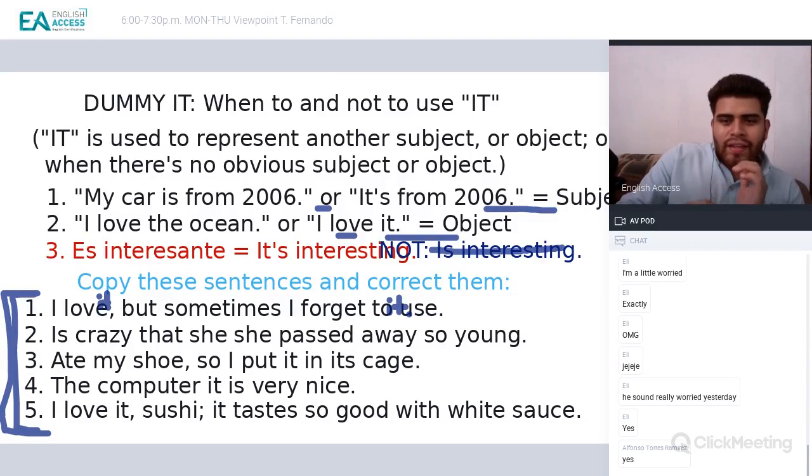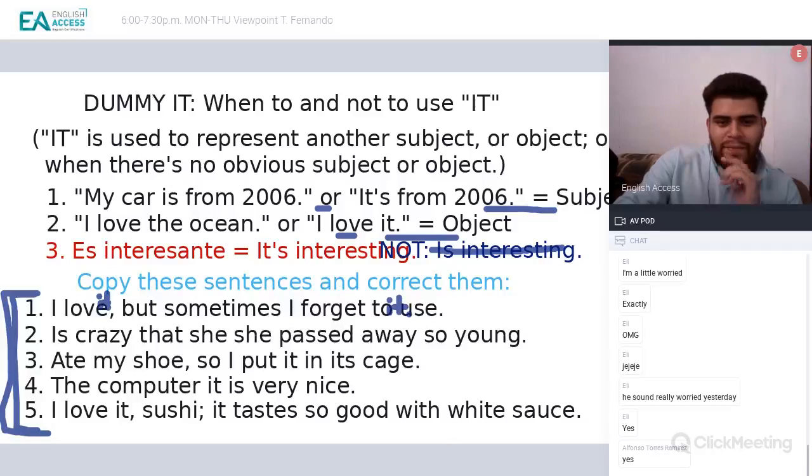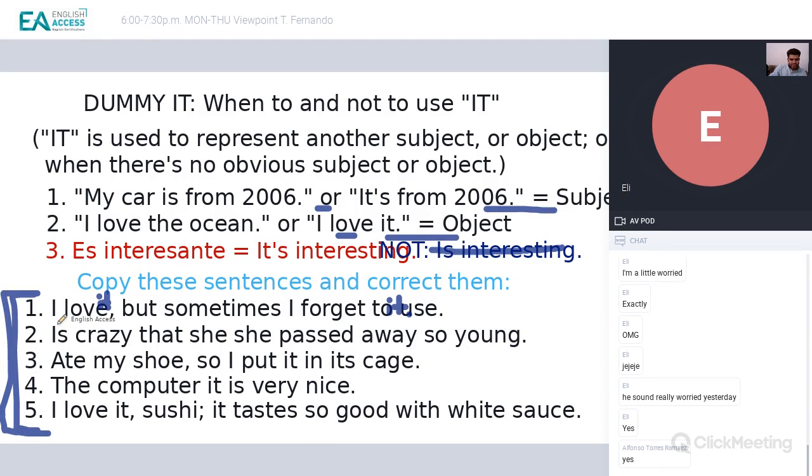Okay? Let's see. Eliante, number two. Yes? Okay. Let me pause my music. Okay. Number two. It's crazy that she passed away so young. Yes.